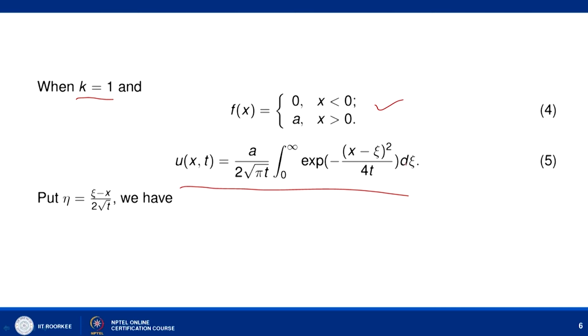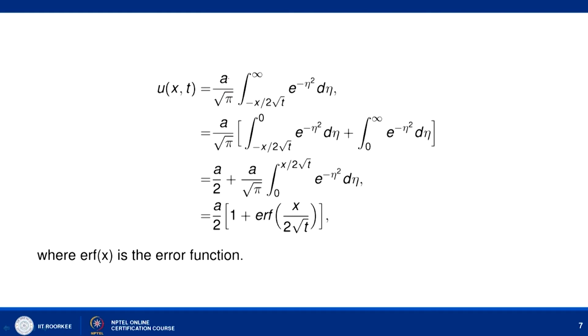Now, if we put this term x minus xi upon 2 root t as, say, eta, then we can simplify u of x, t as a upon root pi integral from minus x upon 2 root t to infinity e to power minus eta square d eta, which we can split as the integral from minus x upon 2 root t to 0 plus the integral from 0 to infinity e to power minus eta square d eta. So, this quantity is coming out to be root pi by 2.